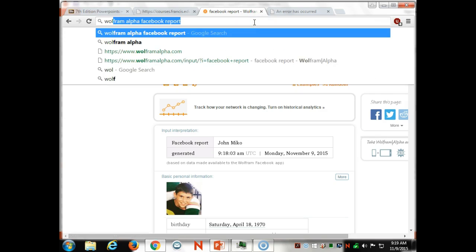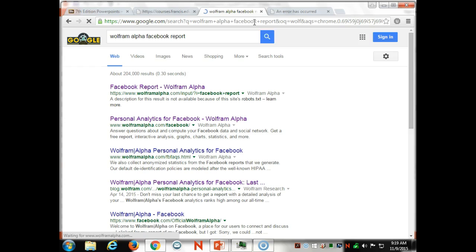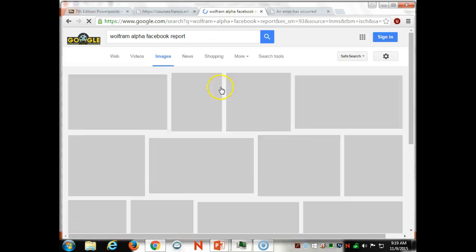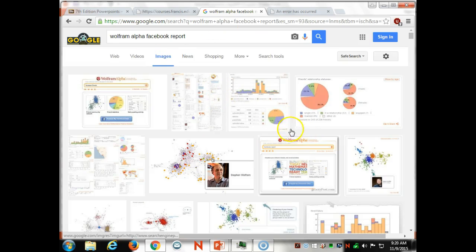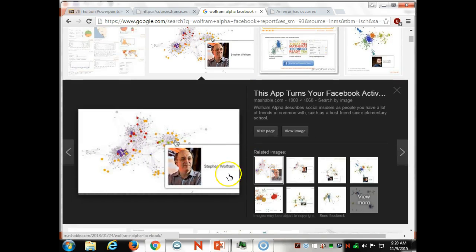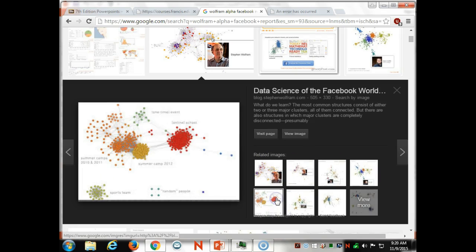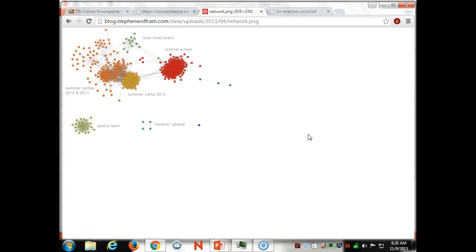Let's see, Wolfram Alpha Facebook report, and let's go to images. Okay, so it would look like this. It would show all your friends. That's not the greatest picture. Maybe this is good. So, view image. It would show all your friends, and it would cluster them, basically.